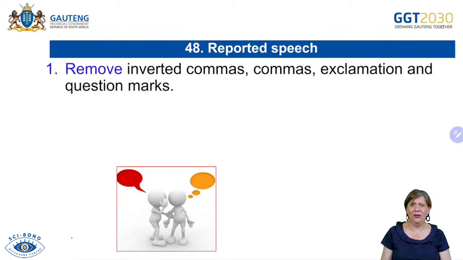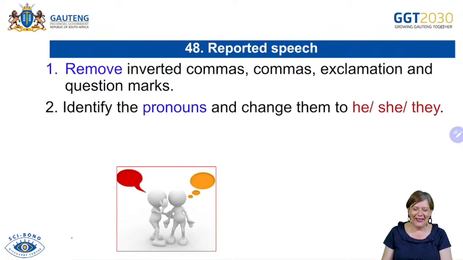And there are a number of things you have to remember. First thing, always remove all punctuation. Inverted commas, exclamation mark, question marks. The only thing that you need to keep is that little full stop at the end of a sentence. That's the most important thing because we actually look for that. So make sure it's big, we can see it.